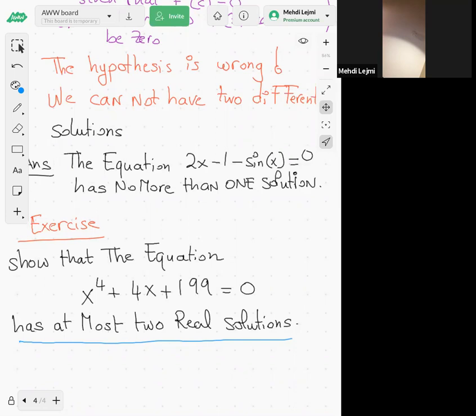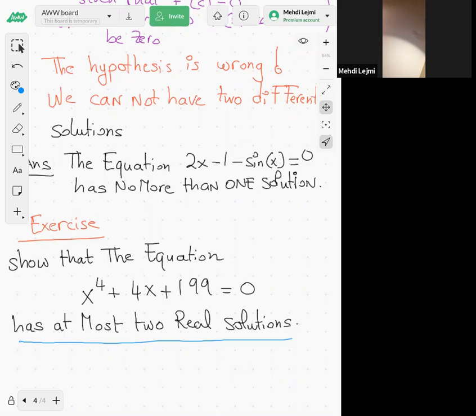We want to prove that the equation has at most two different real solutions, no more than two solutions. So I'm gonna suppose that I have three different solutions, and then I'm gonna use Rolle's theorem, and I'm gonna end up with a contradiction.